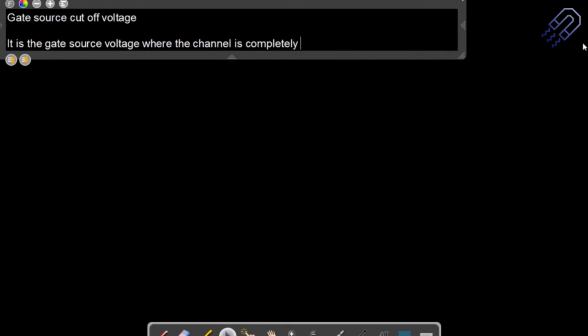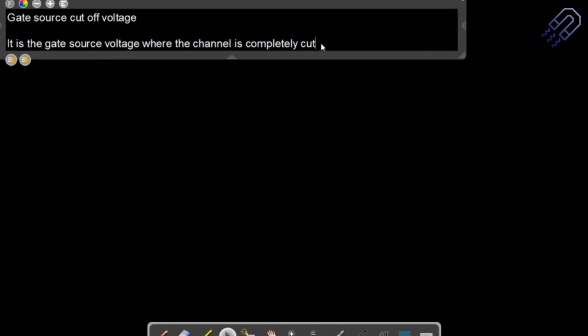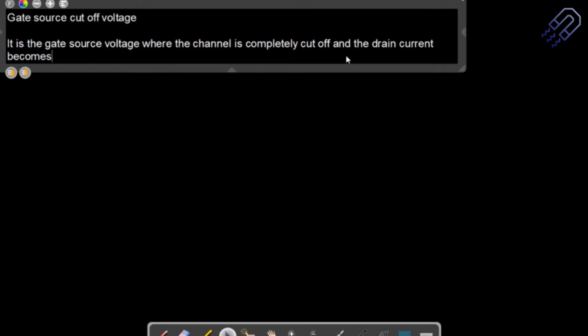That means you don't have any charges flowing, completely cut off, and the drain current becomes zero. That is what we call the gate source cutoff voltage. And then maybe you can draw a figure here, the graph rather.